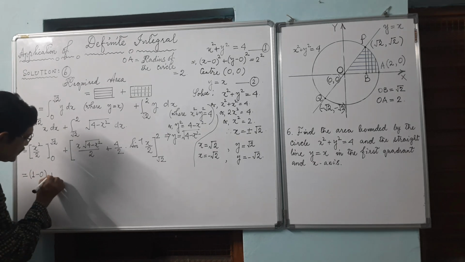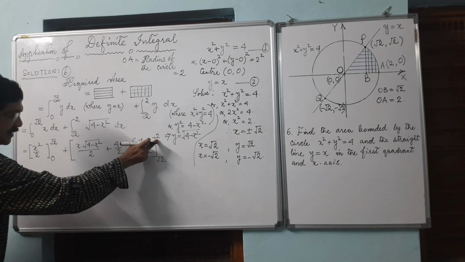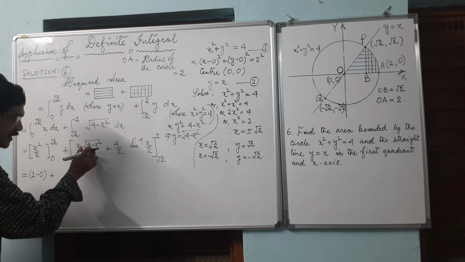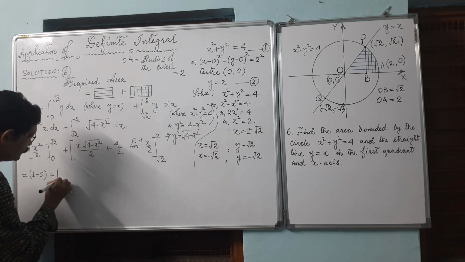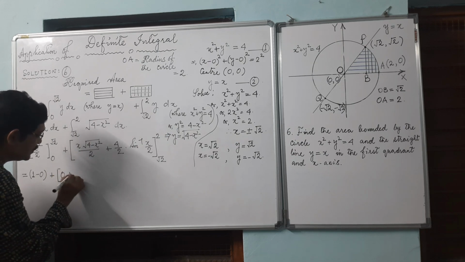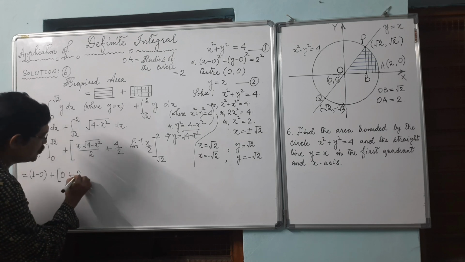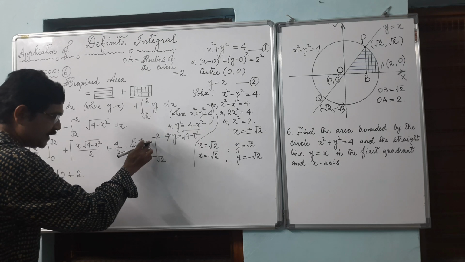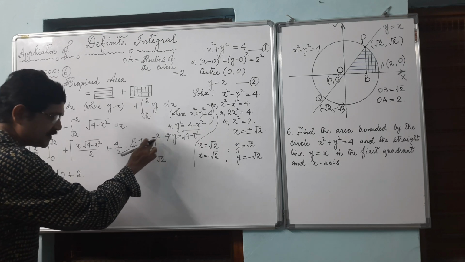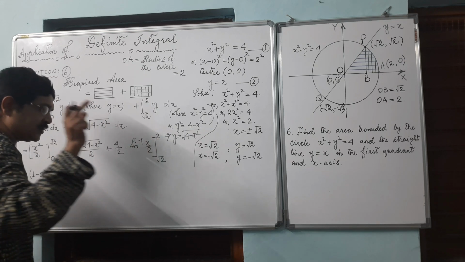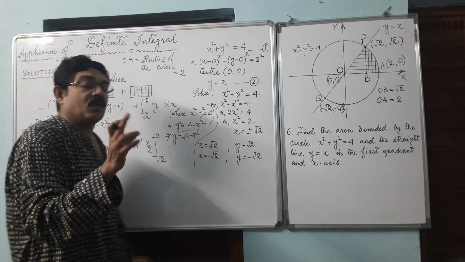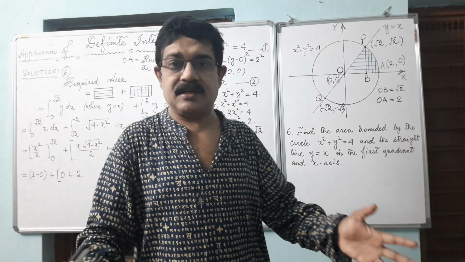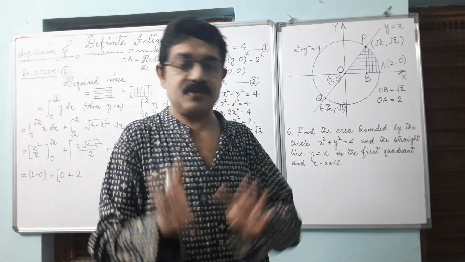And the next part: if we substitute the upper limit first, 2 into the square root of 4 minus 2 square, that gives simply 0, plus 4 by 2 means 2 into sine inverse x by 2. In place of x, we substitute 2 first, that is sine inverse 2 by 2, which gives sine inverse 1. We know that the value of sine 90 degree or sine pi by 2 is obviously 1.